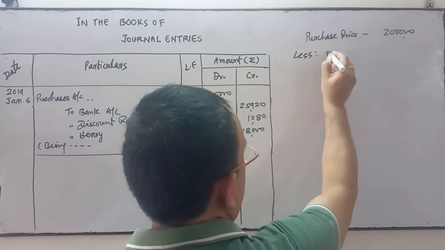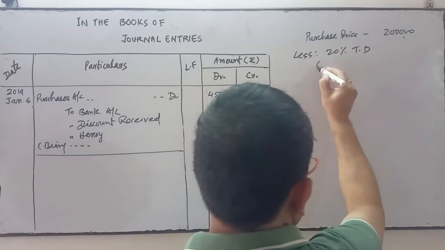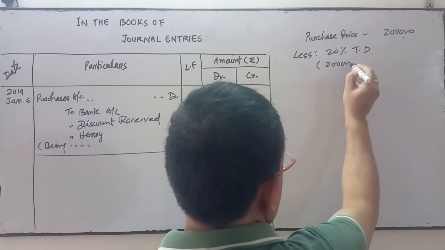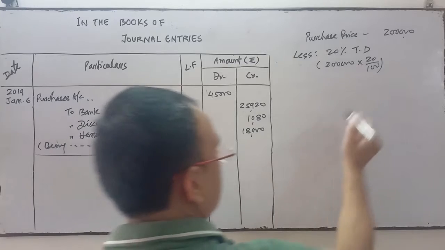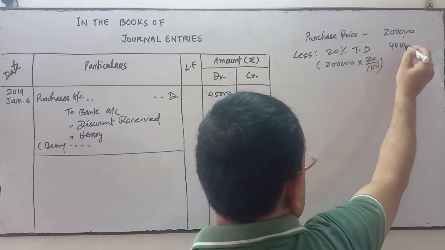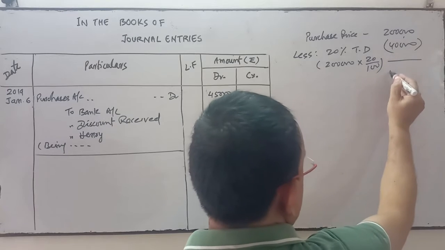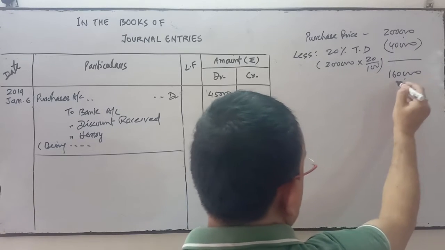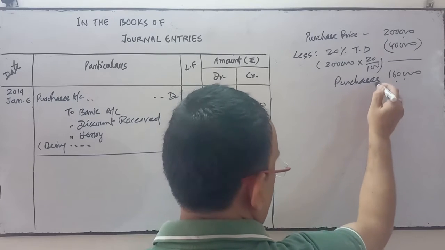So deduct the 20% trade discount. 20% is the TD. So 20% of 2 lakhs, you calculate, it is 40,000. So deduct 40,000 from 2 lakh. It is 1,60,000. This indicates your purchase.